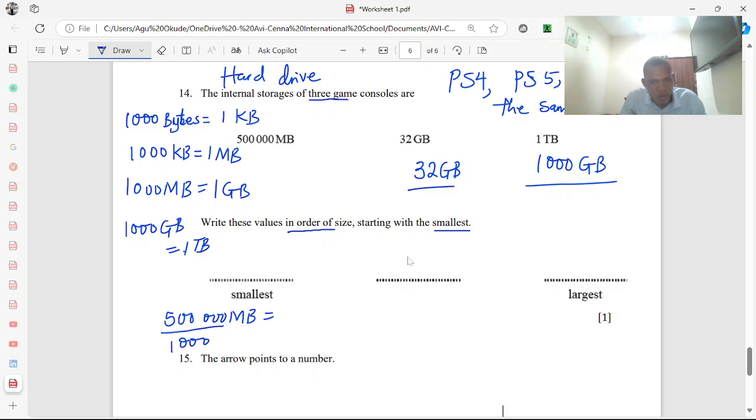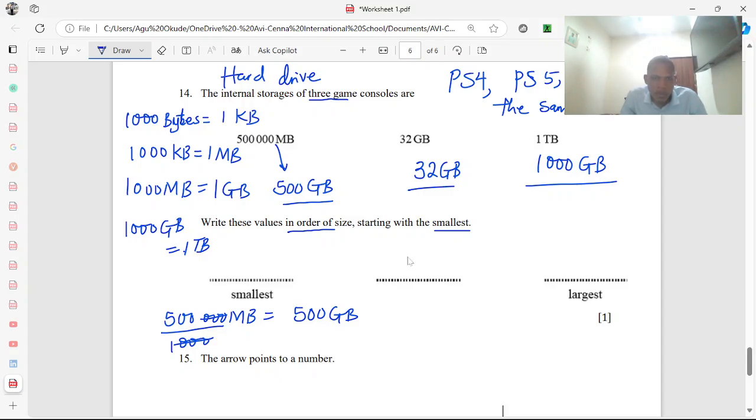So this cancels out this. What I have left there is just 500. So this is actually 500 gigabytes. Now you can see that they are all in gigabytes. So this becomes easy to compare. I can compare them now easily.